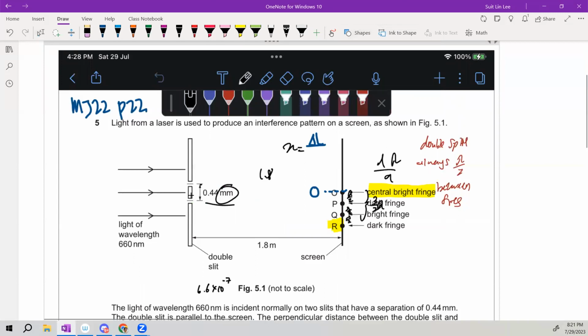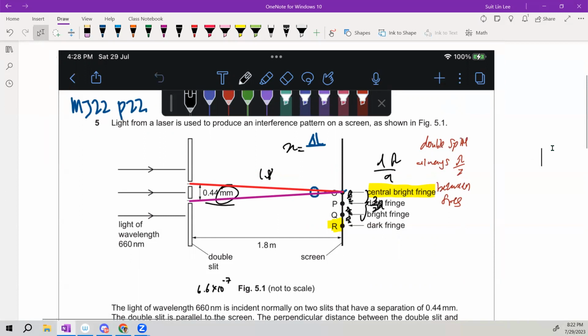The light traveling from the first slit to the point O will have the same distance as the light traveling from the other slit to O. So the path difference is 0.